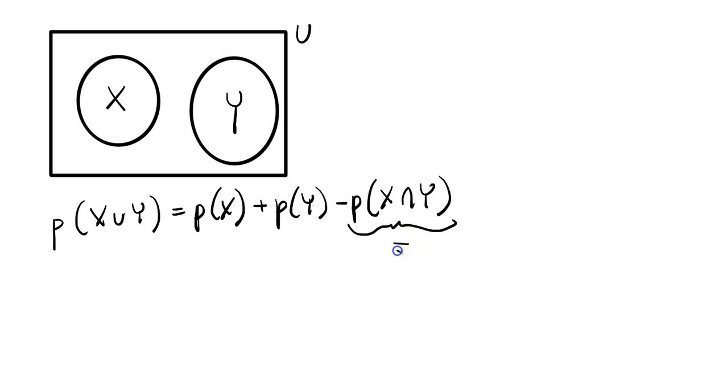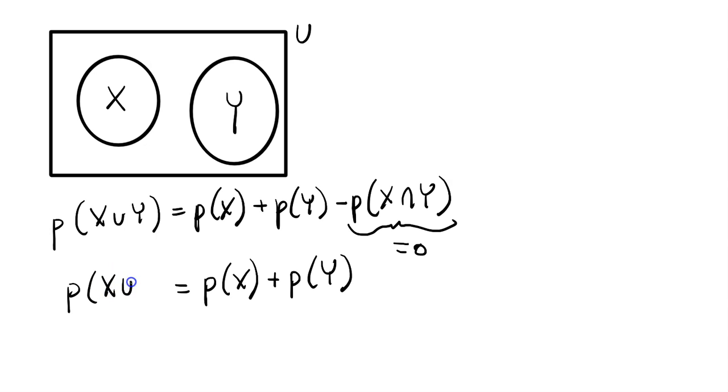So this probability is 0. So if it looks like this, a special case, then we can just add the probabilities. So we do have this situation, we just add them, but it is only a special case when they don't overlap. If they do overlap, we have to take this into consideration.